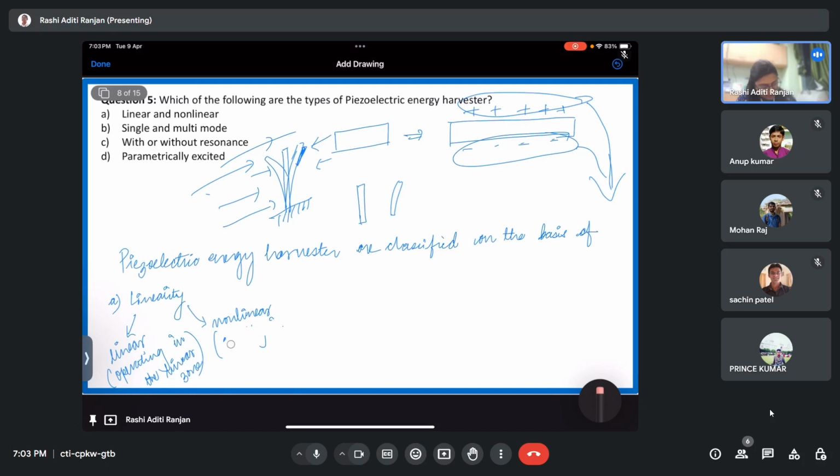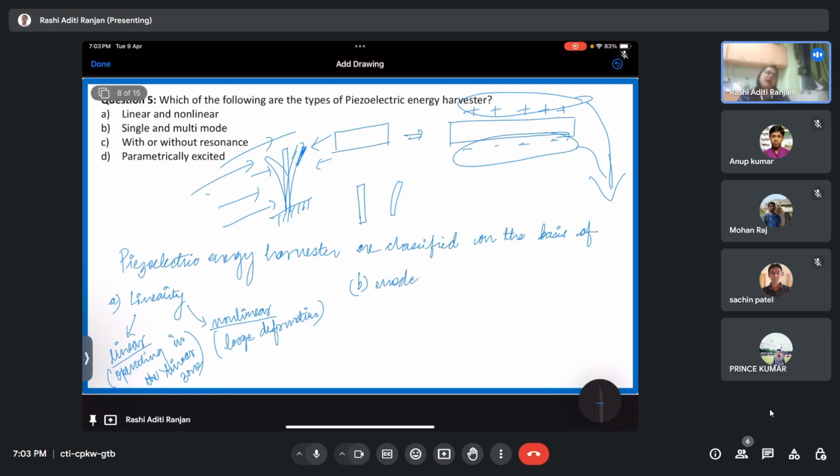Or we can just write large deformation. Okay, linear, not linear. Then I can classify it on the basis of mode. If you remember mode, where mode was discussed.